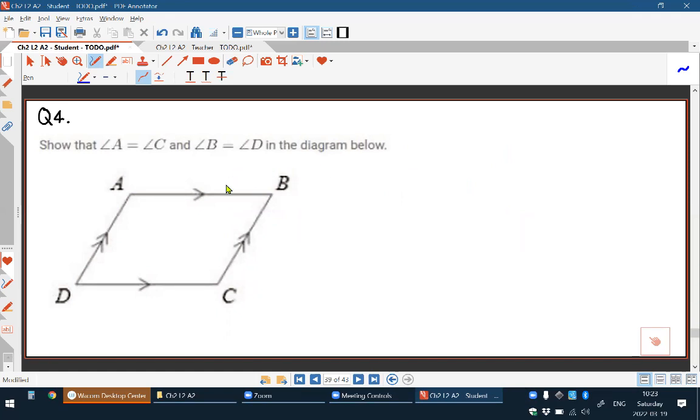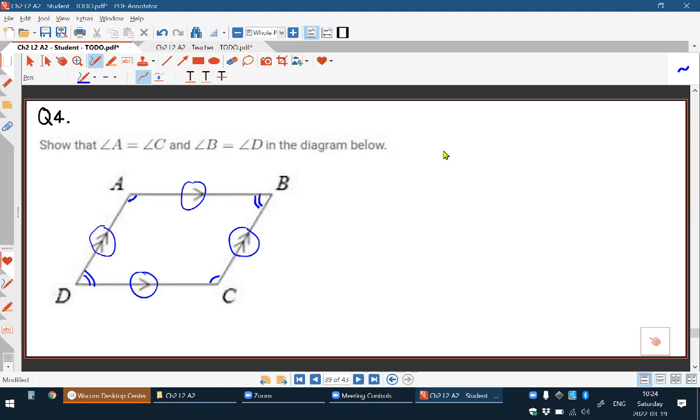Okay, it asks you to show that angle A equals angle C and angle B equals angle D. So actually you have to prove that, right? You are given two pairs of parallel lines. First of all, line AB is parallel to CD. Note these little marks here. And line AD is parallel to line BC because we have a pair of little marks here.